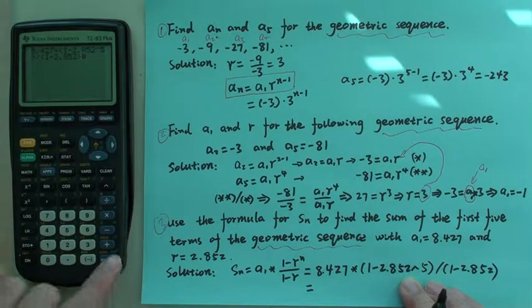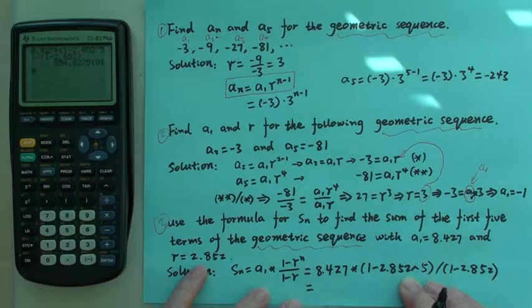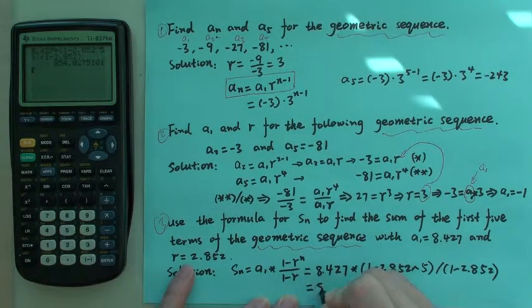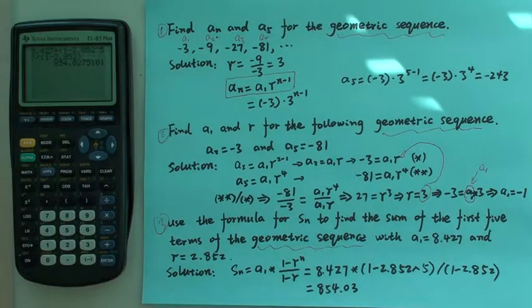So hit enter. Then the answer we get will be 854.0. You want to round it to 3 decimals, so 854.03. That's the final answer. You may want to write approximately here.